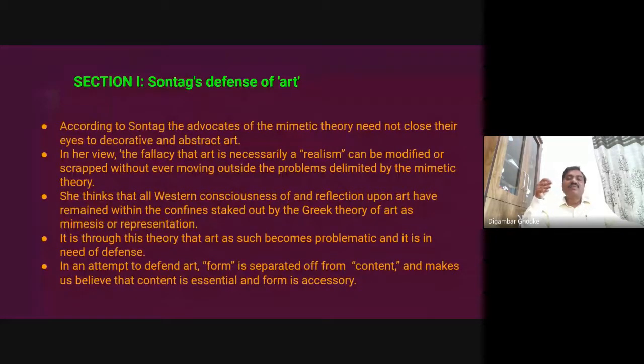You are familiar with the term accessory. While buying your car or any bike, you say, don't give us accessories, just give us the machine, the car, the bike. We buy accessories outside. So form is considered to be just a kind of accessory, the peripheral thing, the additional thing. It is not the core in this particular attempt to defend art.